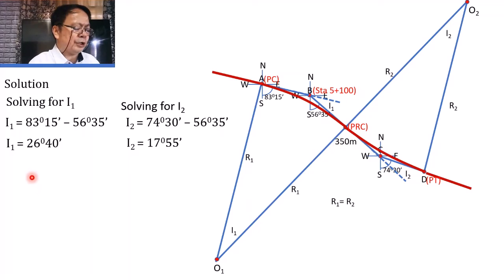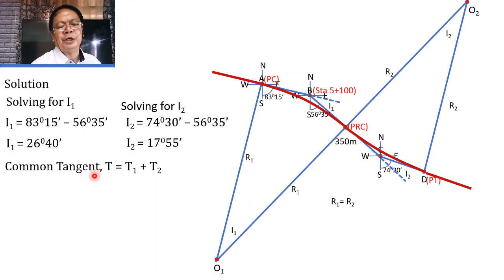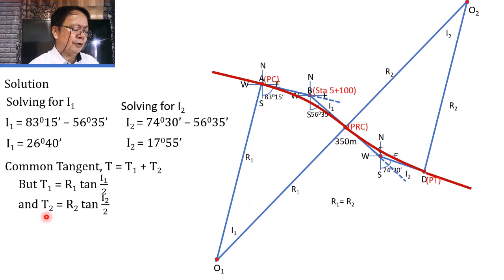From that observation, we can say that the common tangent of the reverse curve, T, is equal to the sum of T sub 1 plus T sub 2. But we understand from our discussion of the simple curve that T sub 1 is equal to R sub 1 times tangent of I sub 1 over 2. Similarly, T sub 2 is equal to the product of R sub 2 times tangent of I sub 2 over 2.